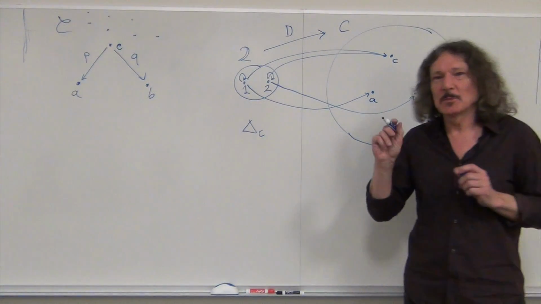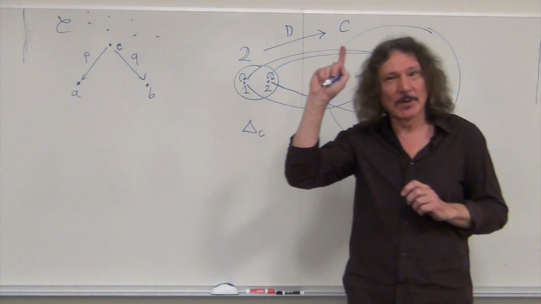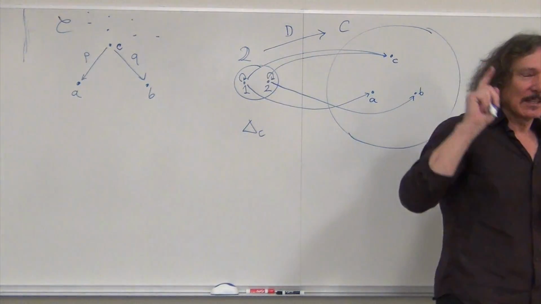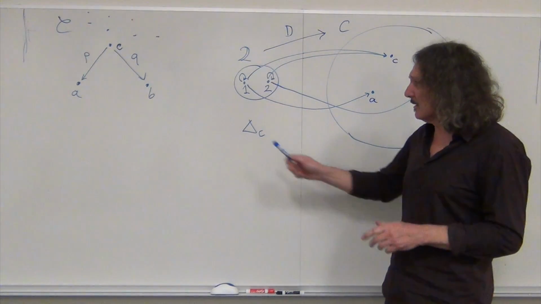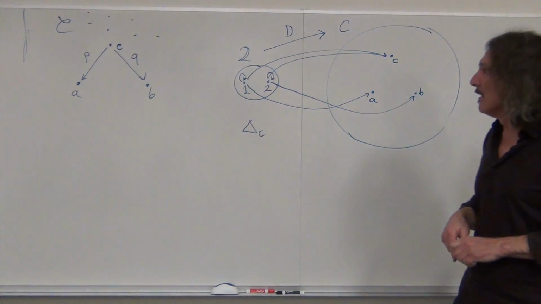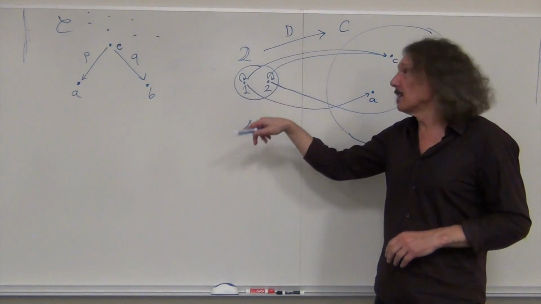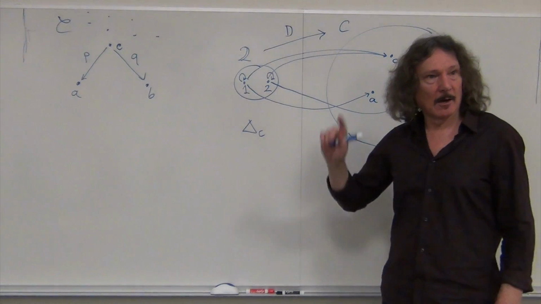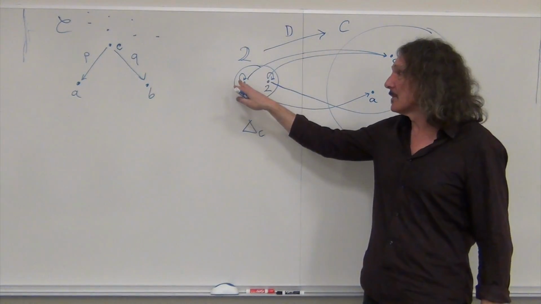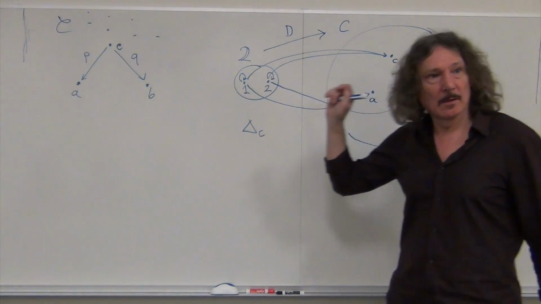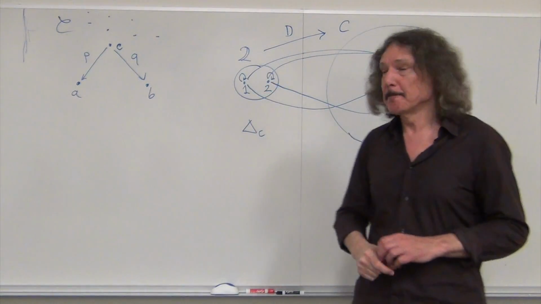We've seen this functor before, and I said, okay, this will be important at some point, right? Don't forget about the constant functor. So the constant functor, delta C, maps every object into one object C. Every object in this category into one object C, right?